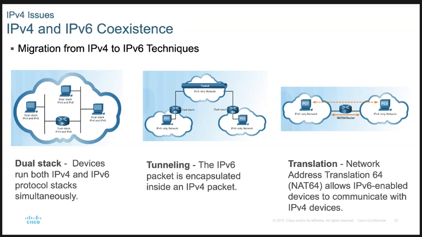We came out with NAT, PAT, VPN, CIDR, but none of those have really solved the problem. The only valid solution that scientists and engineers have come out with to solve the depletion of IPv4 is the birth of IPv6.